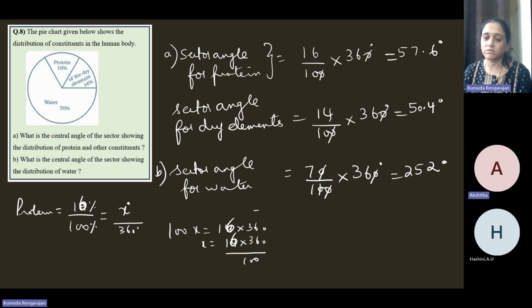It is percentage or total frequency by 360 degrees into 100. See, if the numerator is the data value, then in the denominator you should have the sum of all the components, into 360, to find the sector angle. Okay, Ma'am.